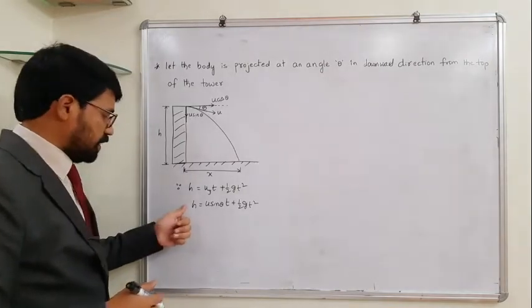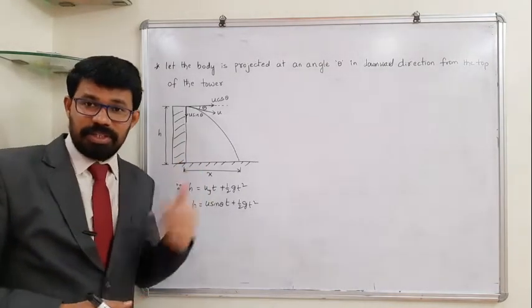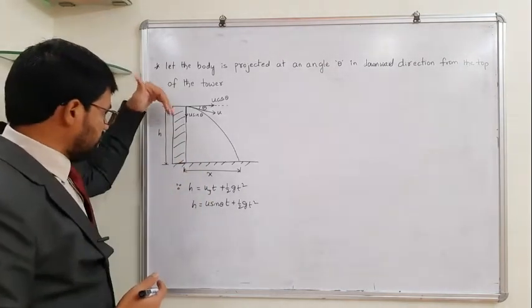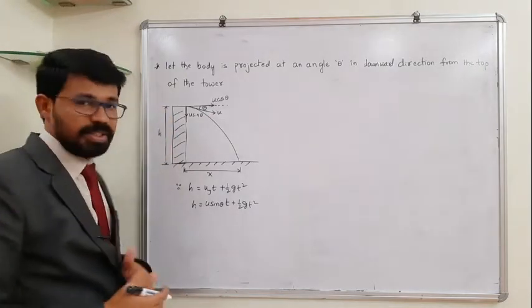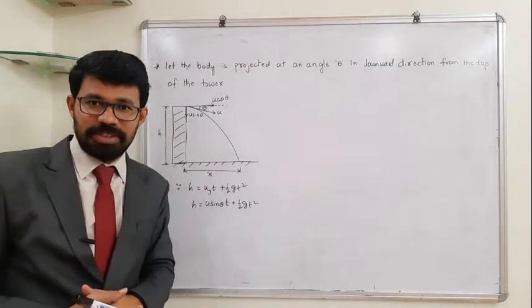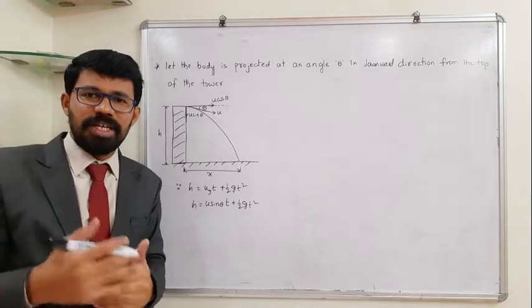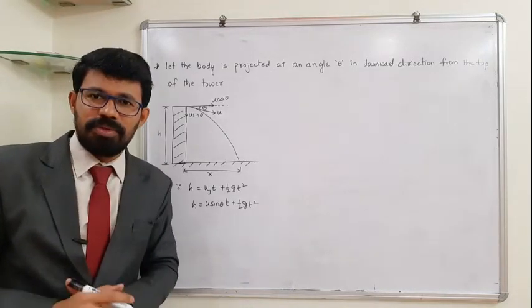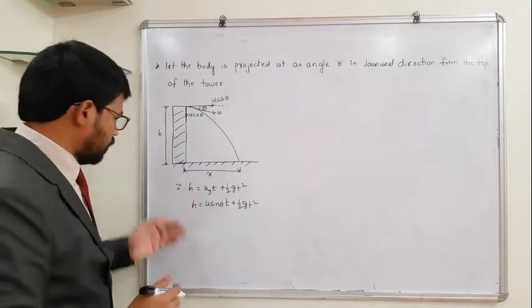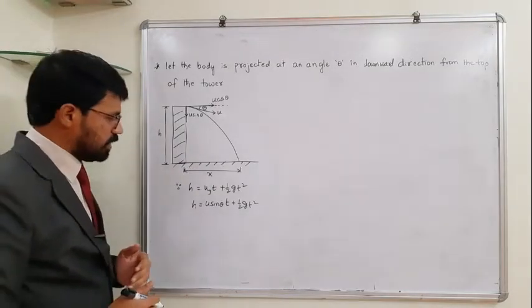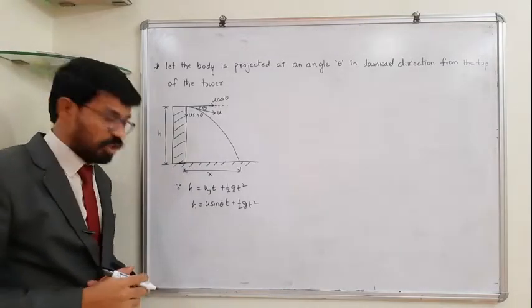And here, I am not taking minus h like in the earlier case, because in only one direction the velocities are there. There are no two different directions. When there are two different directions, you have to go for a sign convention to distinguish both the directions, isn't it? So here h can be directly written as u sine theta t plus half g t square.